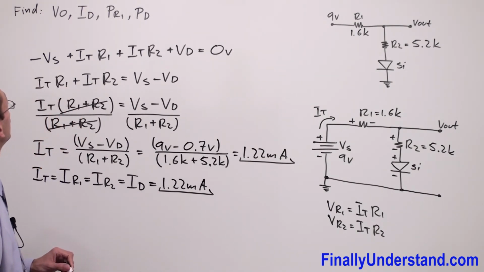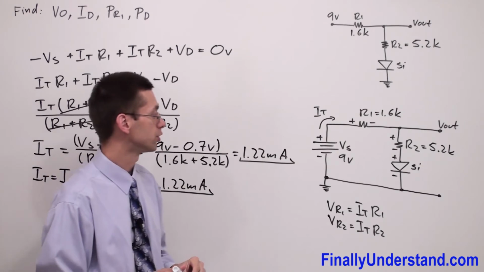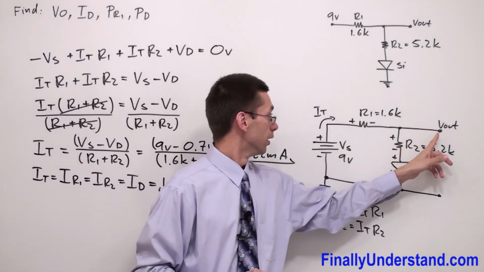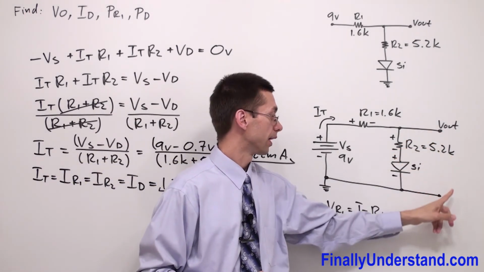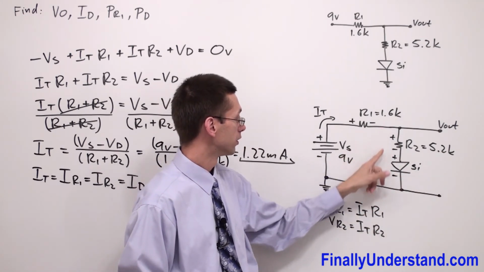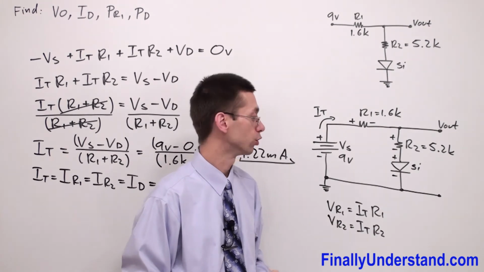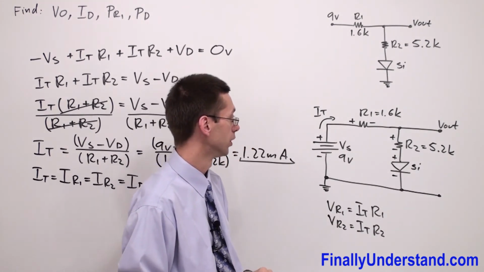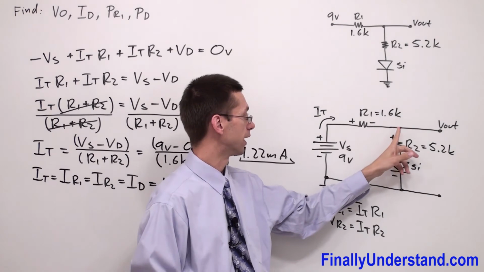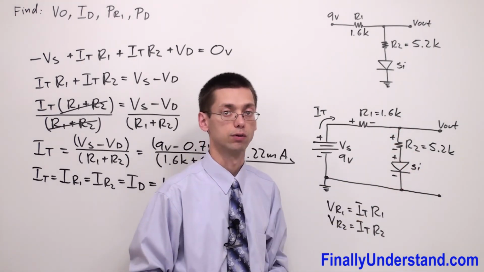Next, we're supposed to find output voltage. As we said, output voltage is the voltage between output terminal and ground. Please notice that between these two terminals we have resistor and diode. Again, we are going to use Kirchhoff voltage law, and I'm going to start my equation from this point and end up at ground.